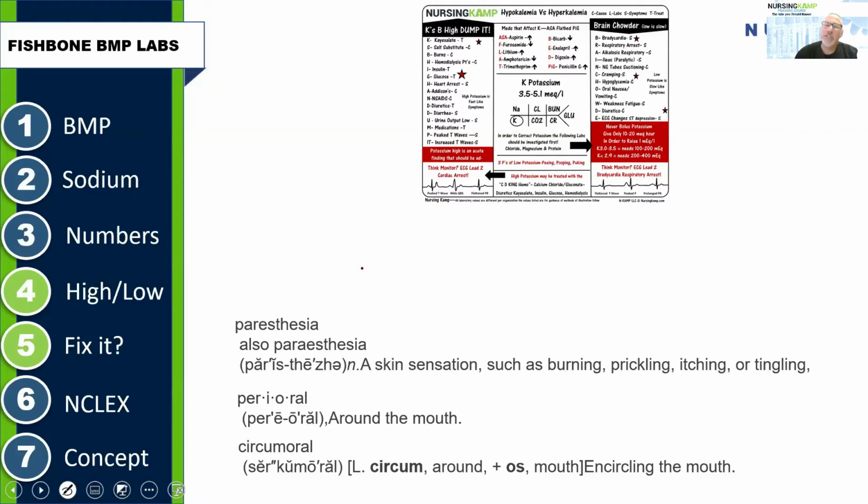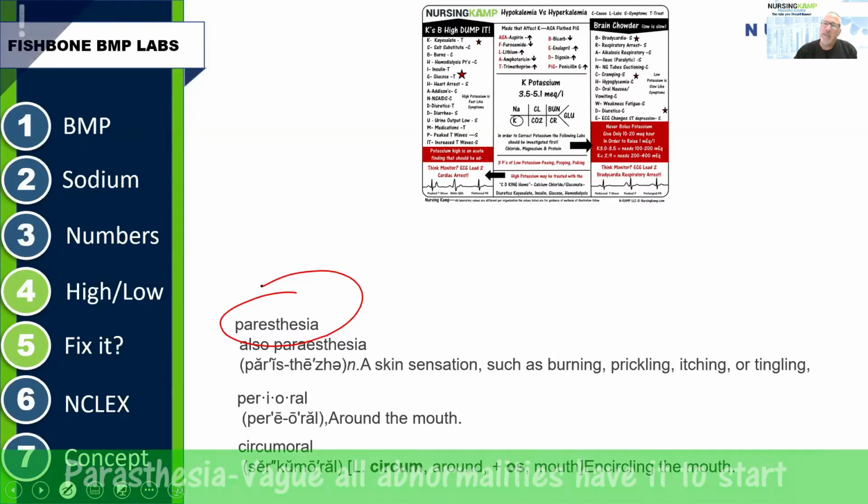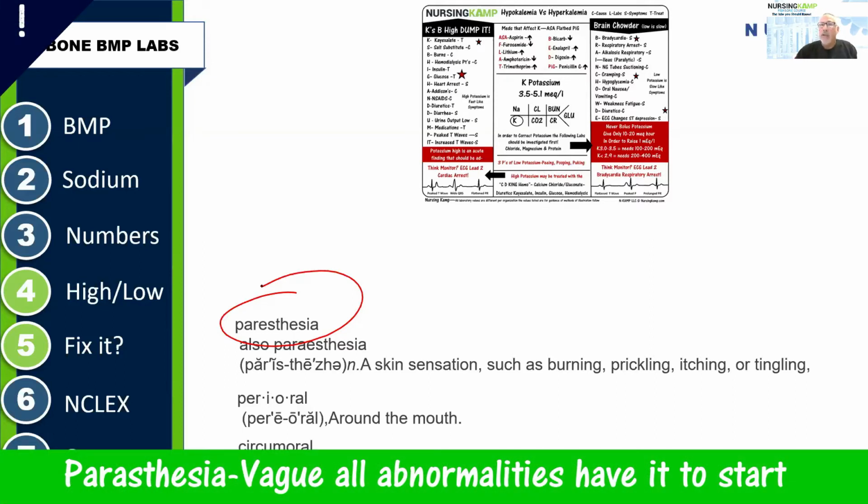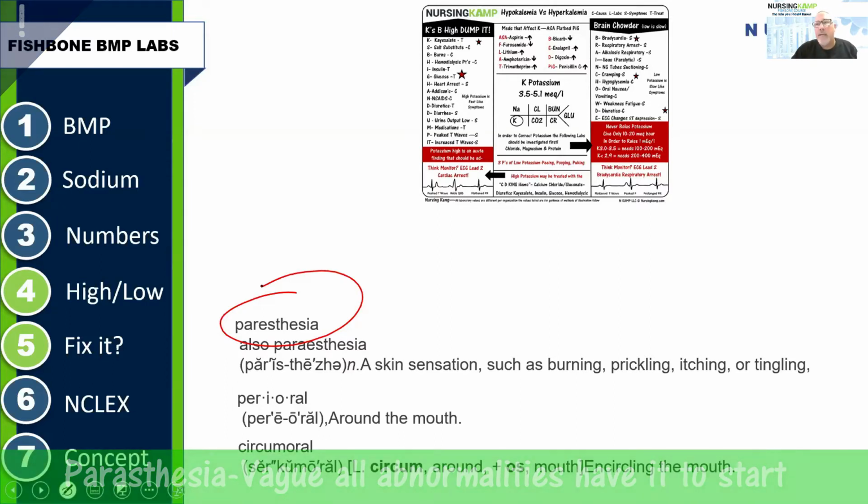Paresthesia is a term that basically means an itching, tingling sensation in the fingers and stuff like that. As far as electrolytes are concerned, that's just the first signs and symptoms. But that could mean low potassium, high potassium, high calcium, low calcium, magnesium.